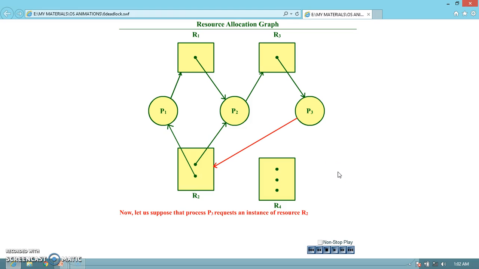So in that way, using resource allocation graph, we can detect a deadlock and which processes are part of this particular deadlock situation. In this case, a cycle is created by all three processes. That's why process P1, P2 and P3, all three processes are part of the deadlock.